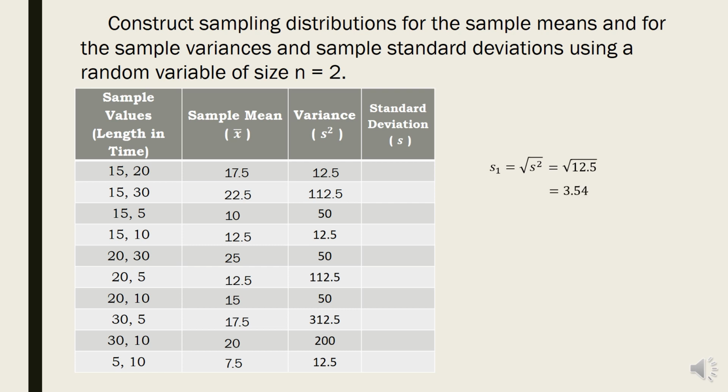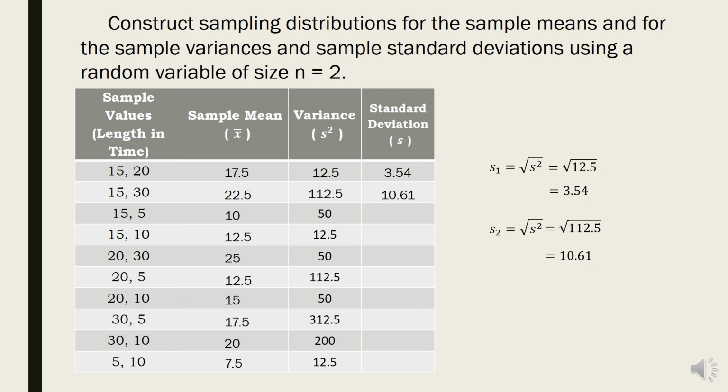So the standard deviation of the first set is 3.54. Let us proceed to the second set. The variance is 112.5. Get the square root of 112.5, and the result is 10.61, which is the standard deviation of the second set of sample values.